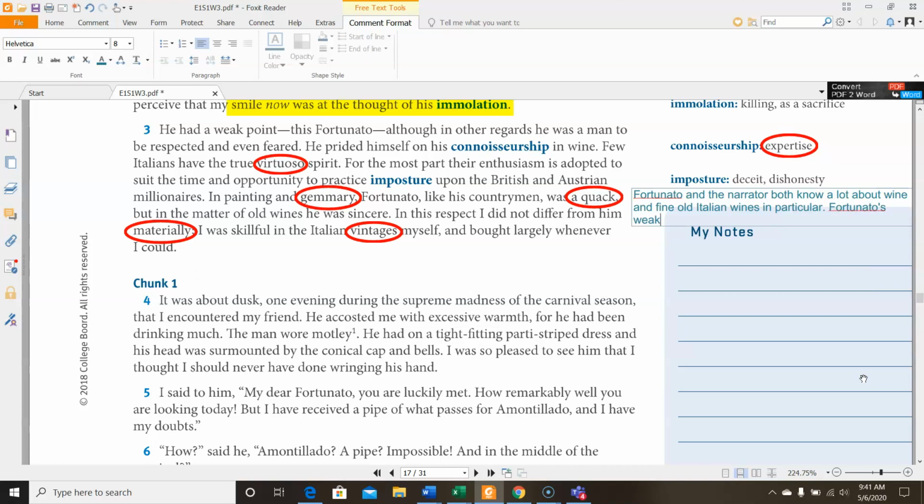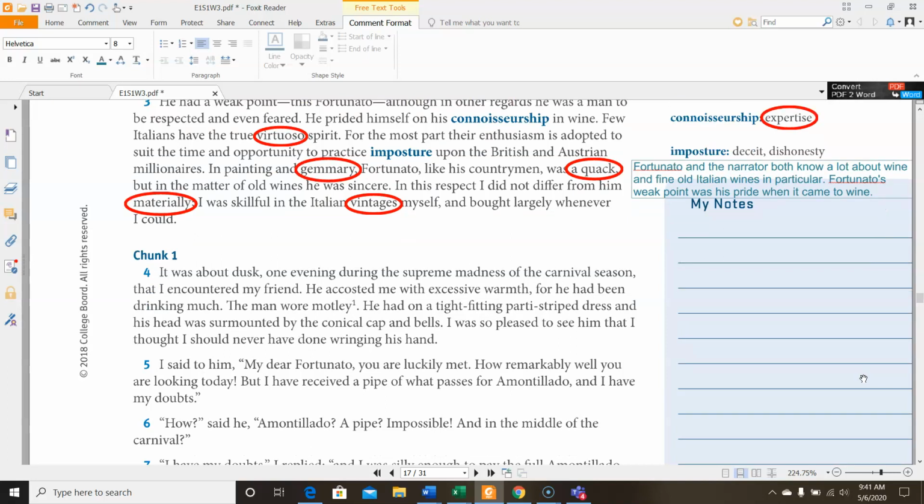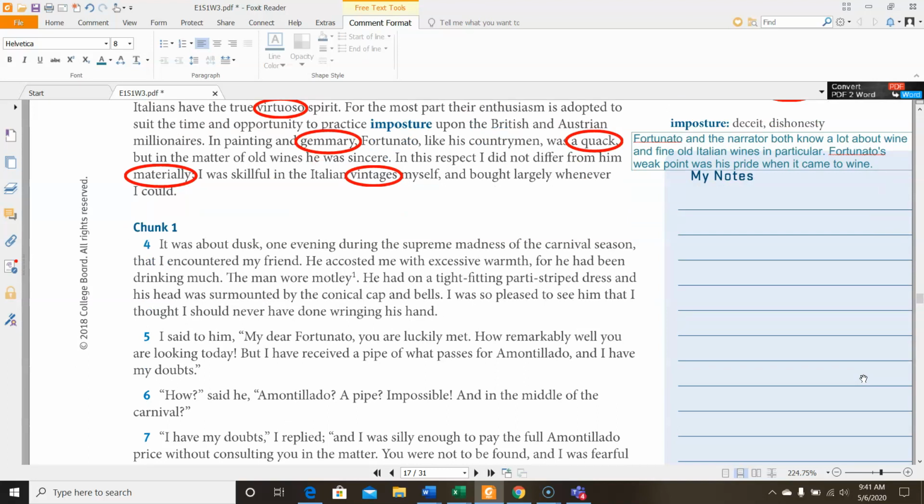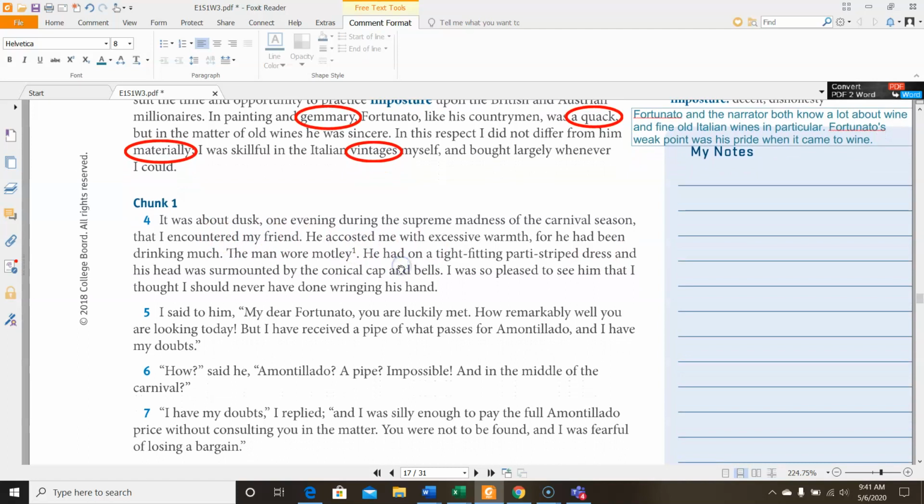Fortunato's weak point was his pride when it came to wine. So in some way, our main narrator is going to exploit how Fortunato was weak in his pride when it came to wine.